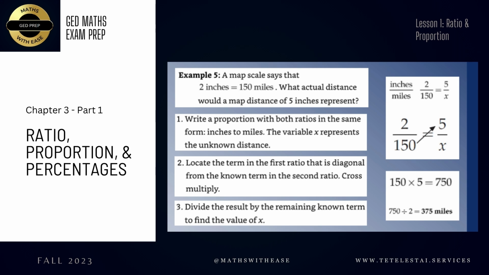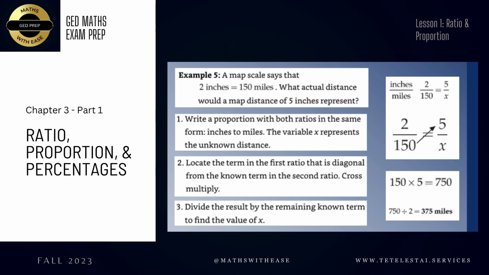And then you're going to equate that to the new information that's being asked of you, 5 inches, to the distance that you're looking for, which in this case is X, right? And so now we have our proportion. If you see that they're asking you for a proportion, know that there are two ratios involved, right? Here's our first ratio, and here's the second ratio.